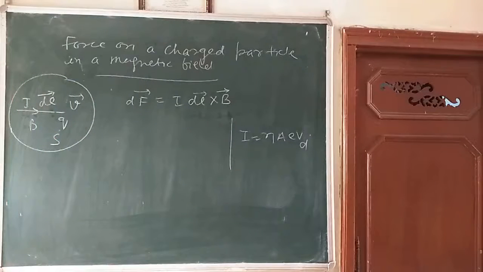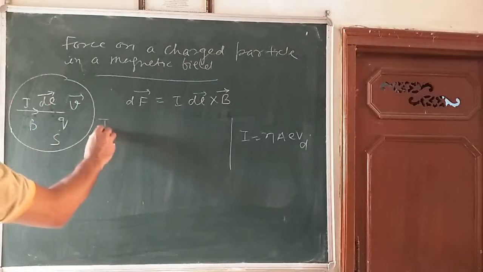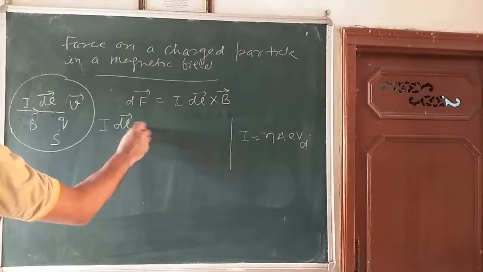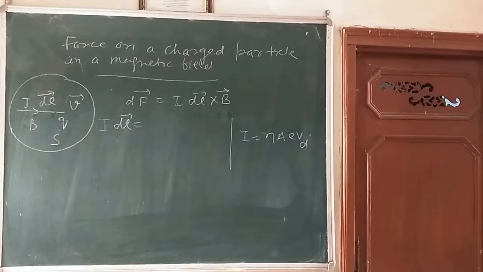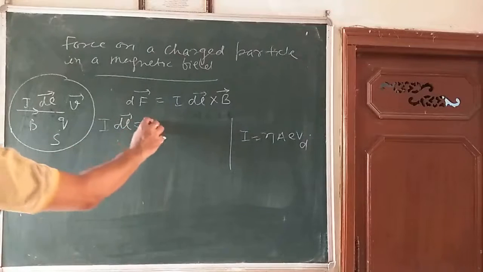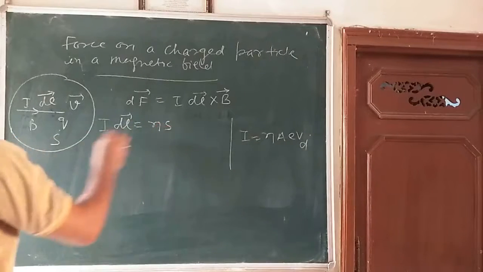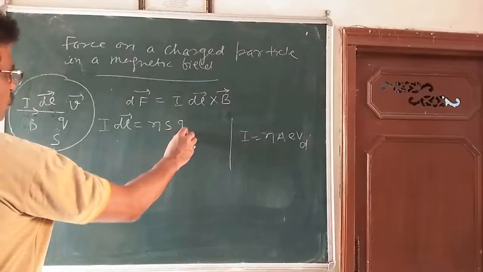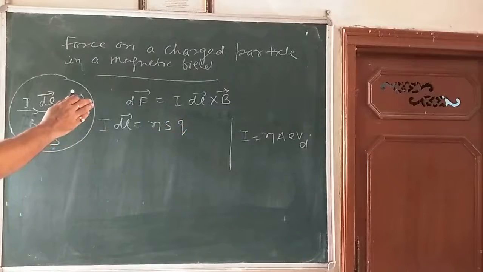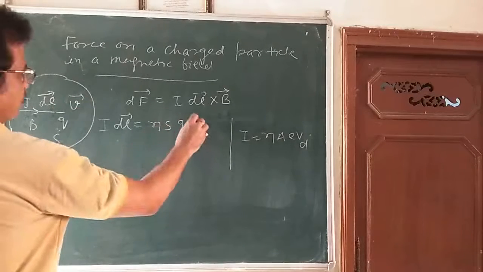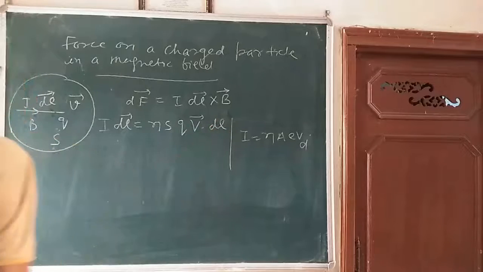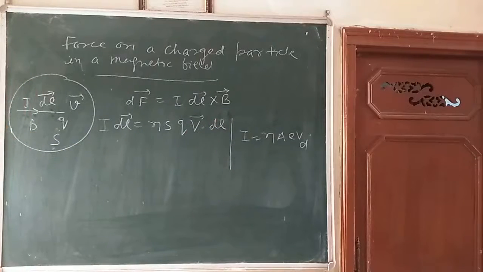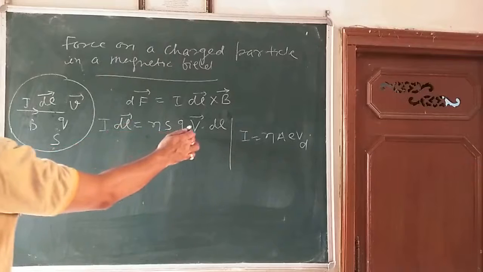So here I can write the current element IdL is equal to, in place of I put n, the number of electrons per unit volume; the area I have taken here as S; the charge I have taken here as q; and the velocity here, that is v; and the length element is dL. Now it is n S q v dL.